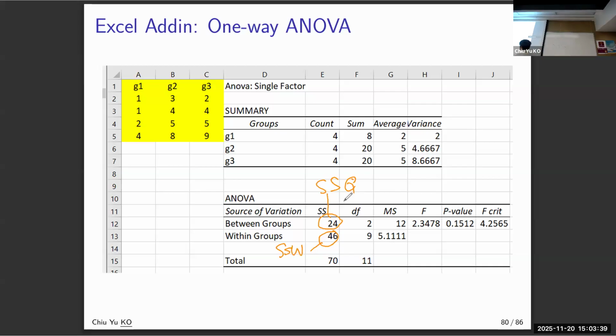Actually, if you see this, it may not be surprising, right? This can be bigger than this one because it's the total variation. And this is SST. The first formula you know is SST equals SSW plus SSG, right? So that's why E11 plus E12 will be equal to E15.